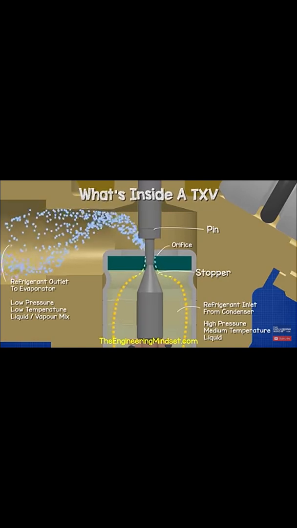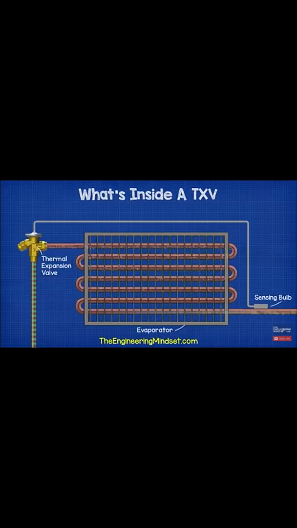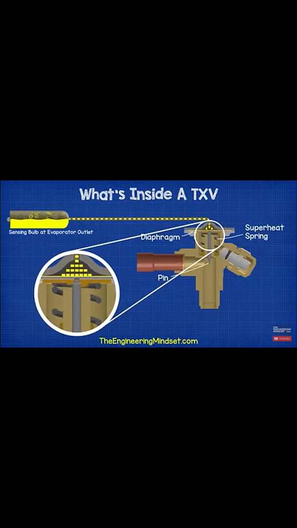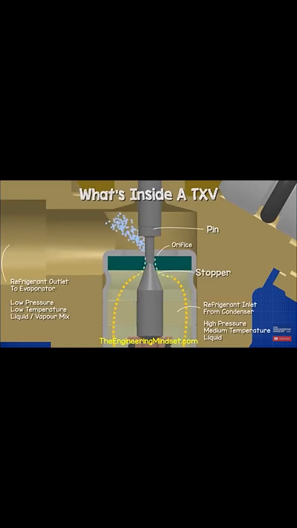As the cooling load increases on the evaporator, the superheat increases at the outlet. The sensing bulb at the outlet detects this, and the refrigerant inside boils, causing an increase in pressure along the capillary tube. This pressure pushes the diaphragm down, and that pushes the pin down, which opens the valve and lets more refrigerant flow.